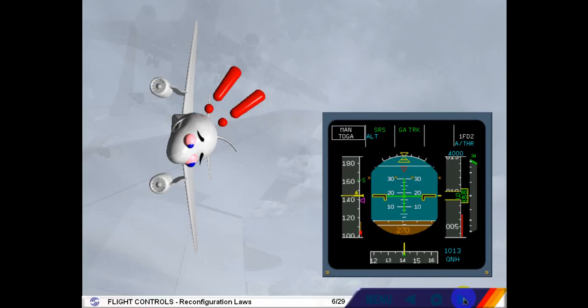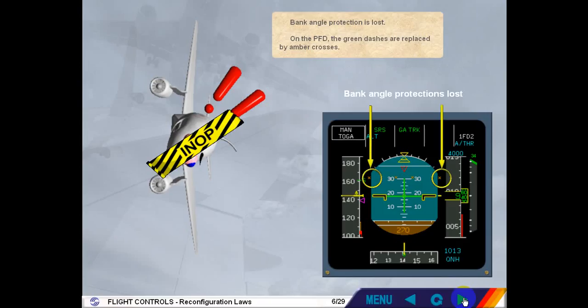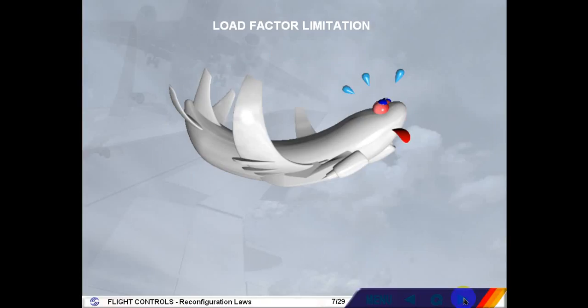Bank angle protection is lost. On the PFD, the green dashes are replaced by amber crosses. The load factor limitation is similar to normal law. So we will go straight to the differences between normal and alternate law: low and high speed stability.